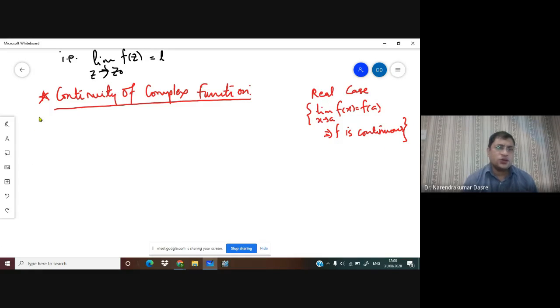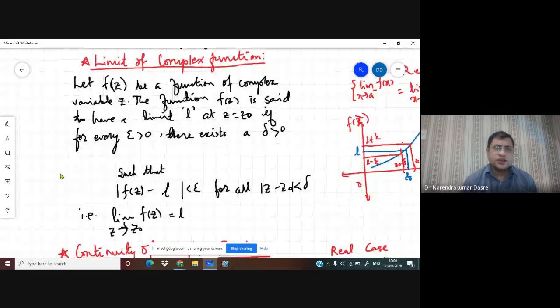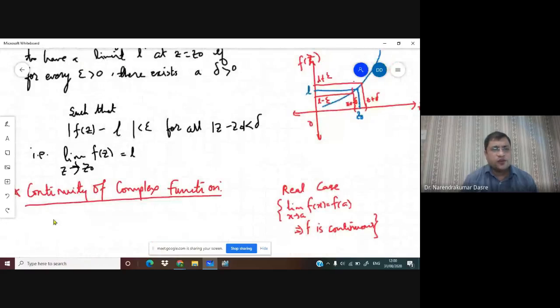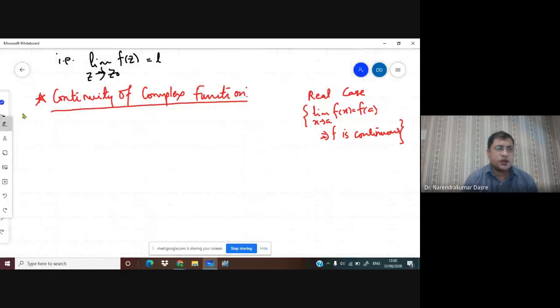So we know that the limit has to satisfy this condition. Now here this L, the limiting value, will be replaced by the value of the function at that particular point.